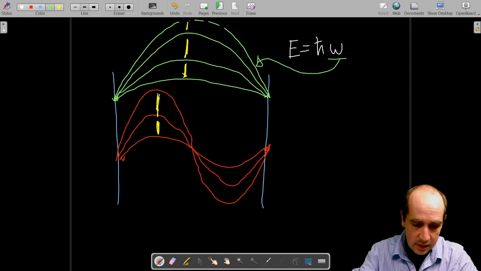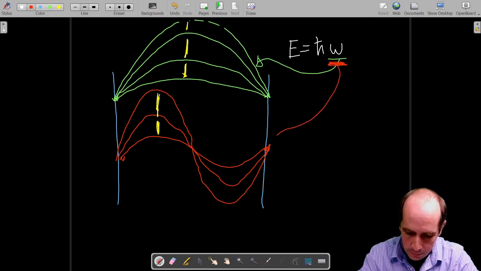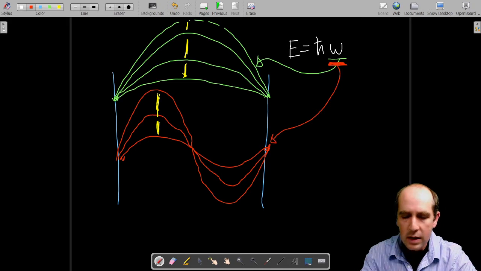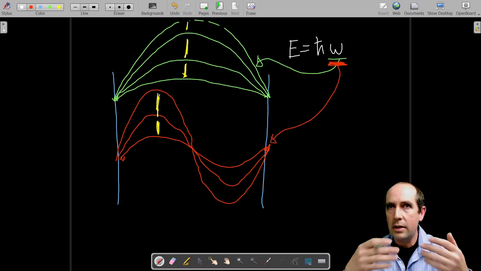Of course, this will be a different frequency for this mode, and a different frequency for the next mode and the next mode and the next mode.